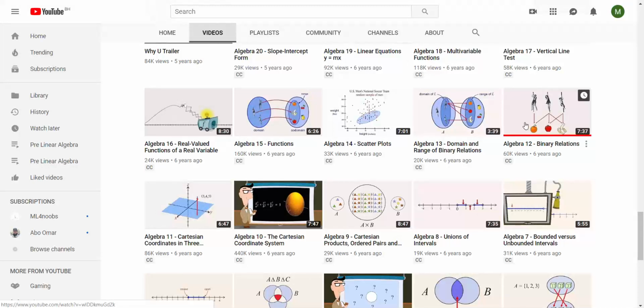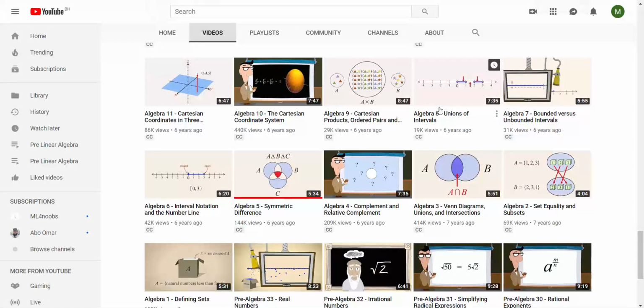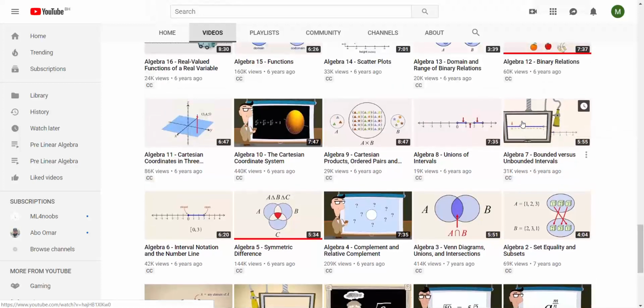So we've done algebra. We already know this. So what are we left with then? Notation. Cartesian product, ordered pairs.